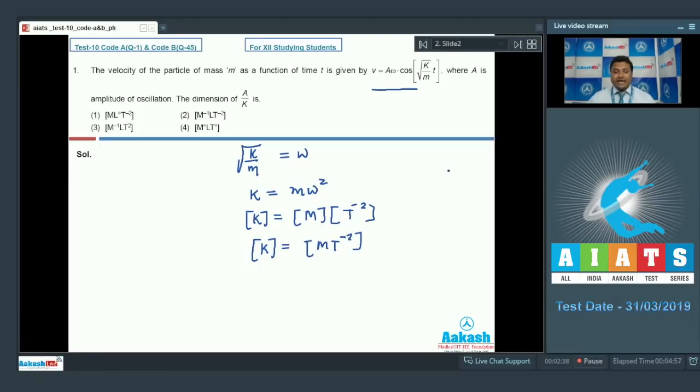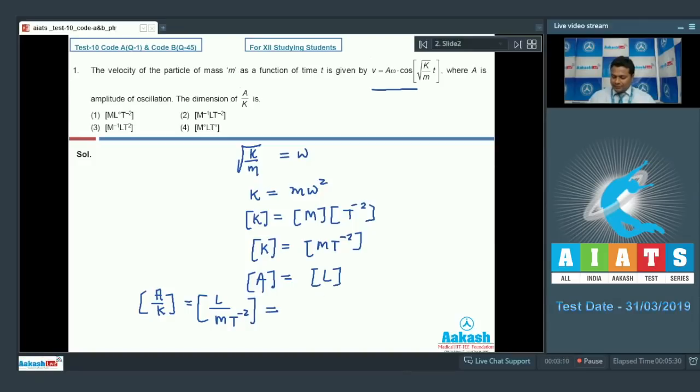On the other hand, a is the amplitude, so the dimensional formula of amplitude will be given as the dimensional formula of length. So a will have dimensional formula L. Now the ratio of the dimensional formula of a by k will be given as the dimensional formula for a, that is L, divided by the dimensional formula for k, that is M T^-2.